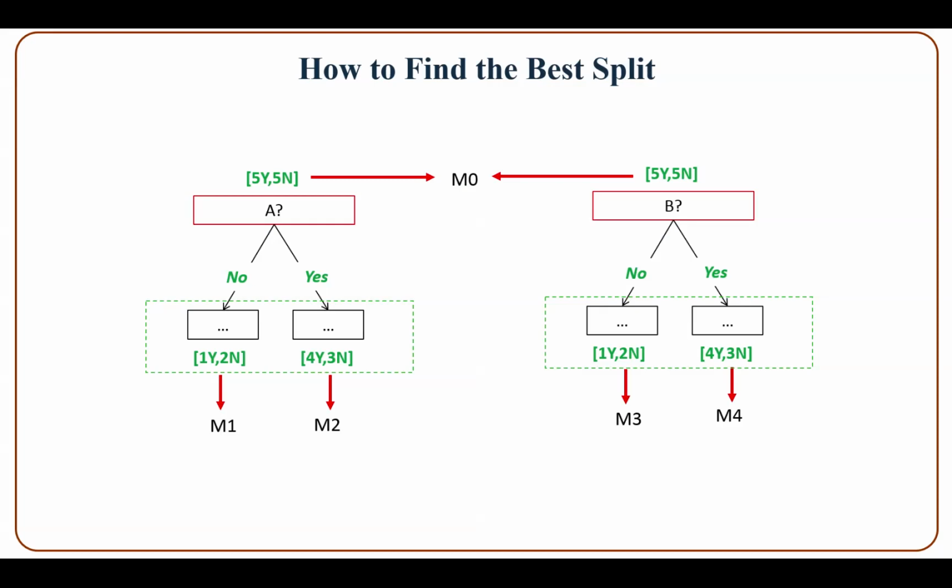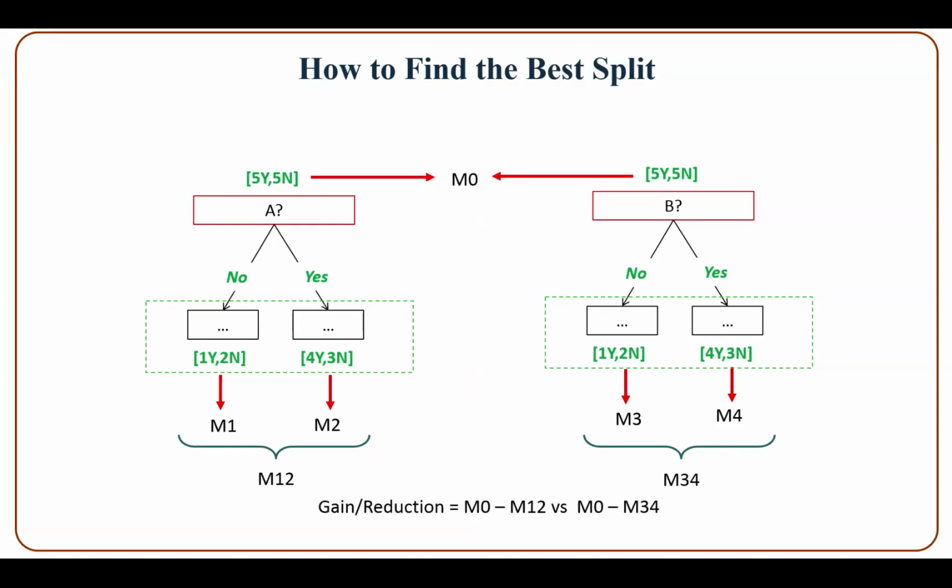In general, you will need to measure the impurity before the split as well as after the split, and then compute the gain or the reduction of impurity, and from there decide the best split.